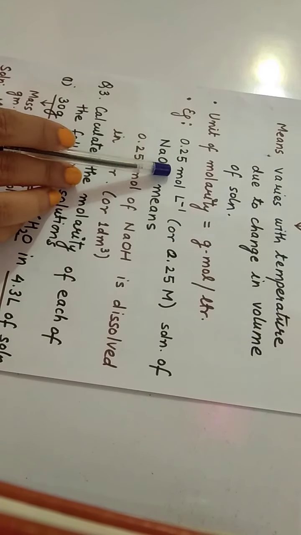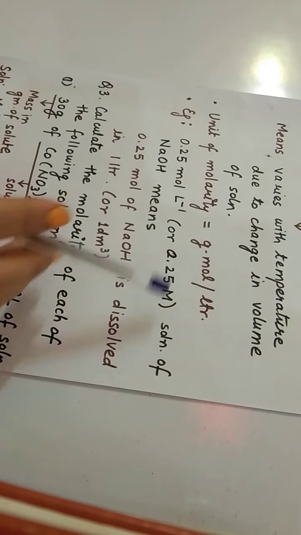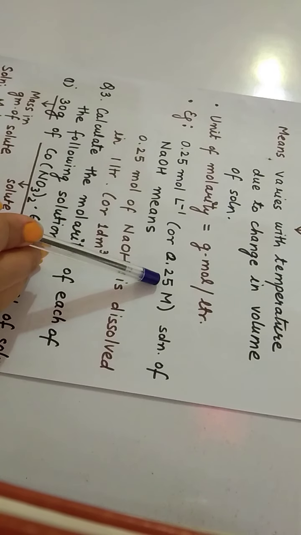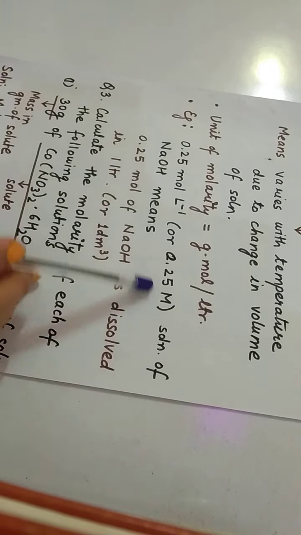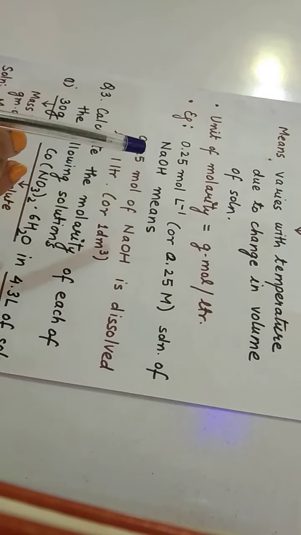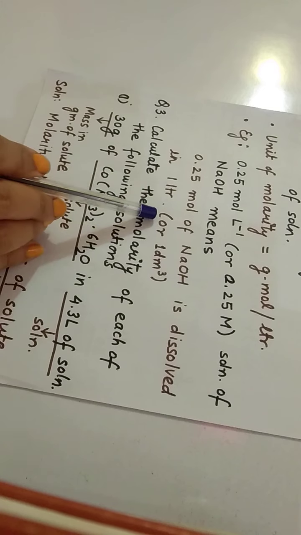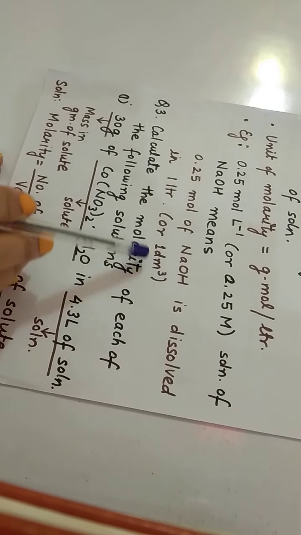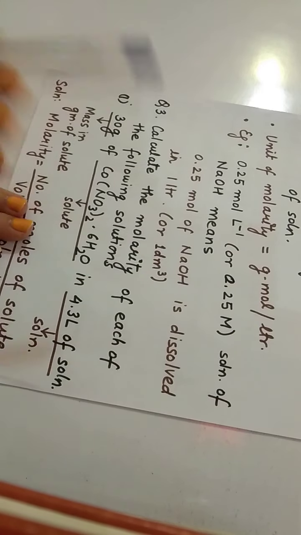So if a 0.25 M solution of NaOH is given in a question, then what does it mean? It means that 0.25 moles of NaOH, where NaOH is the solute, are dissolved in 1 liter of a solution, or you can say 1 cubic decimeter of a solution.